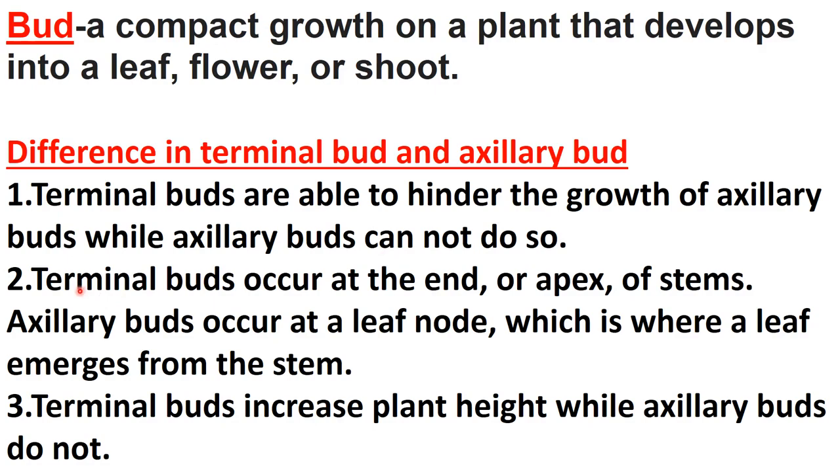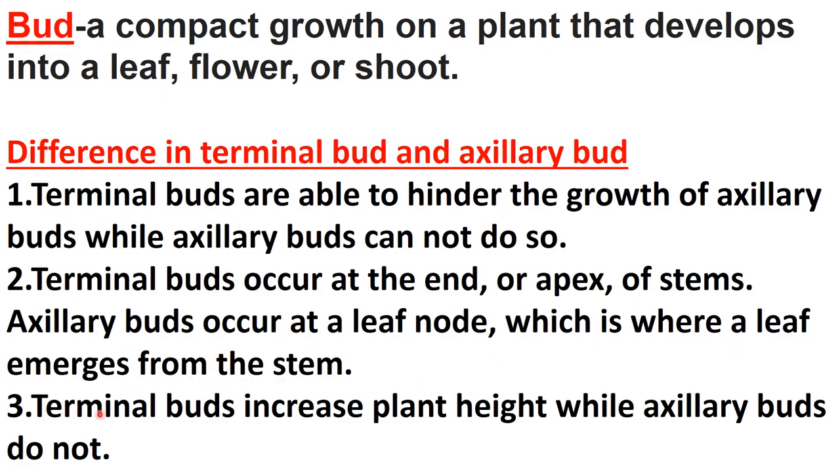Second difference is terminal buds occur at the end or apex of the stem, while the axillary buds occur at the leaf node, which is where a leaf emerges from the stem.